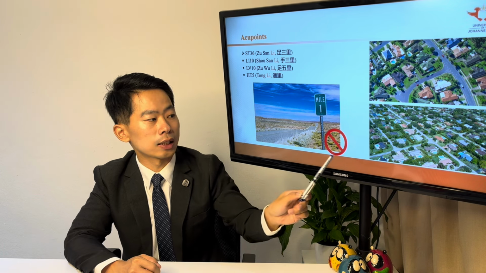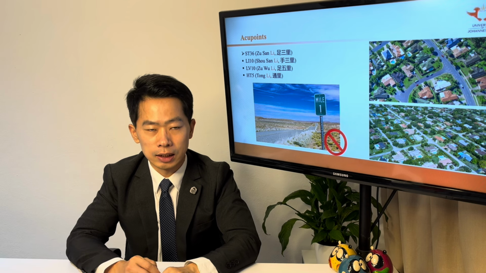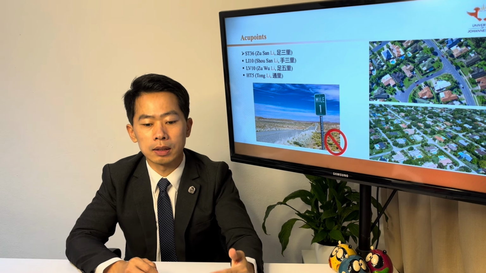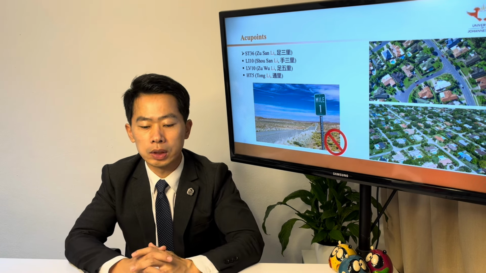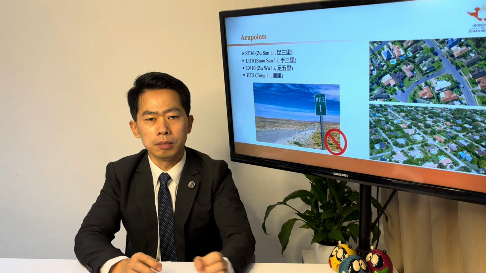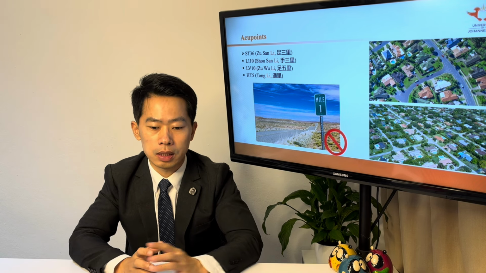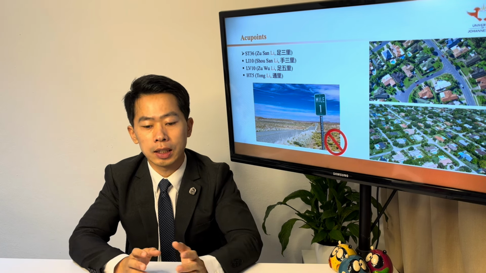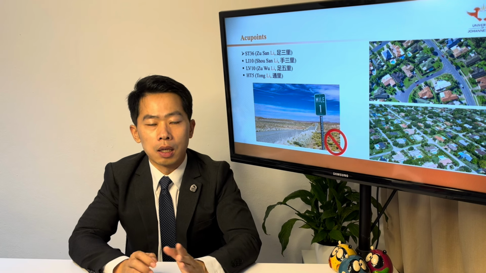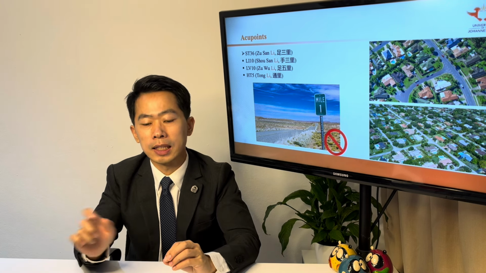That's why I put a big cross here. That's incorrect. The reason is that originally, the definition of li is actually families or neighbors. In the old dictionaries of Chinese characters, it says 5 families make neighbors.